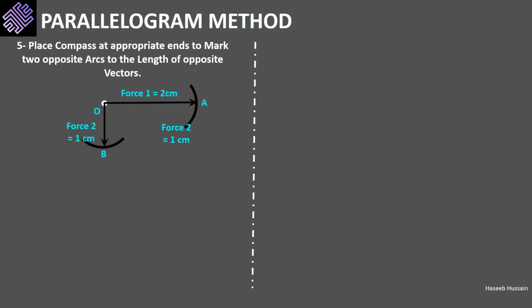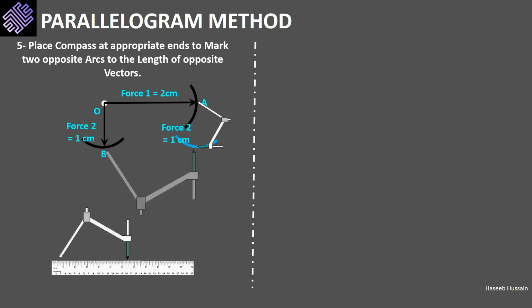To do this, we will first stretch our compass to 1 centimeter and place it at point A. Then we will draw an arc 1 centimeter away from point A. This is the side opposite to the length of force 2, and as this is a parallelogram, it should be equal. Then, using the scale, we adjust our compass to a length of 2 centimeters and draw an arc from point B 2 centimeters away.